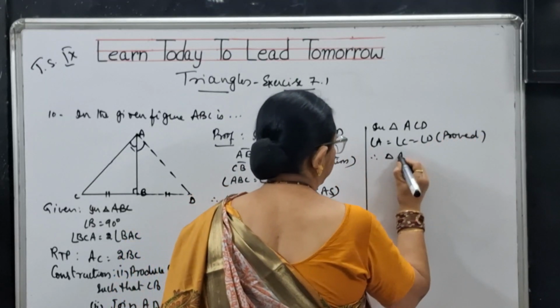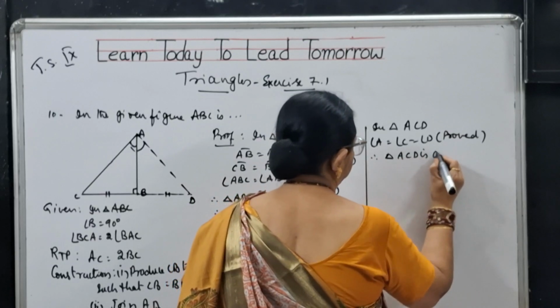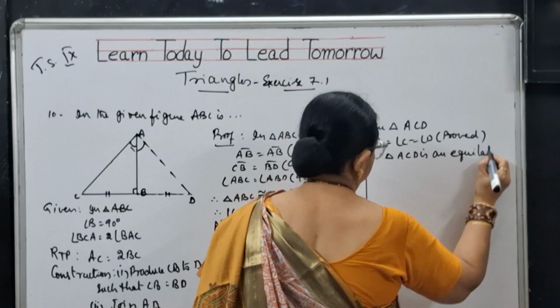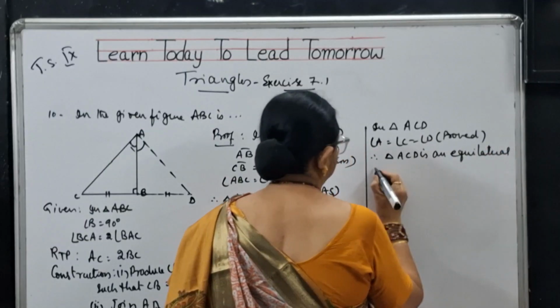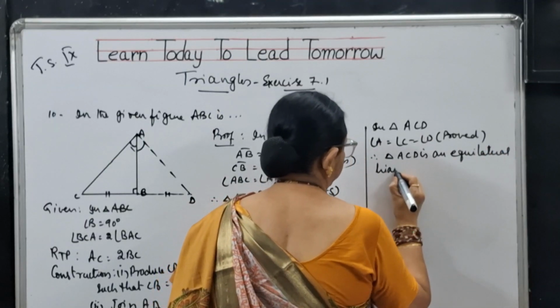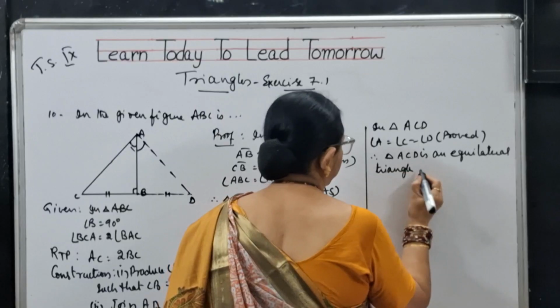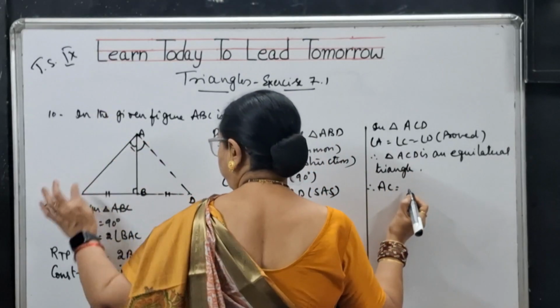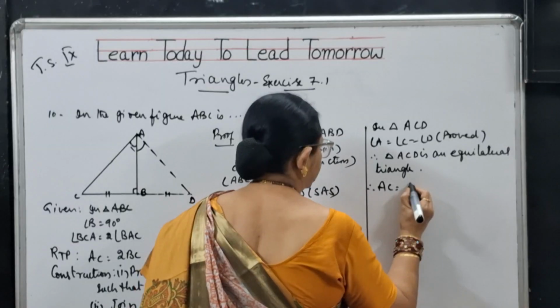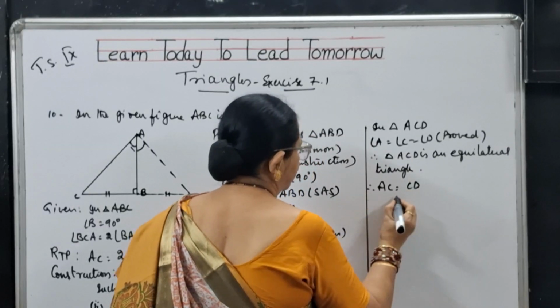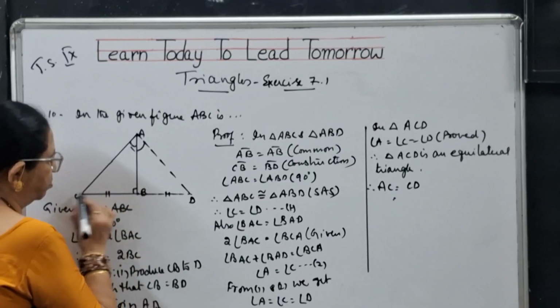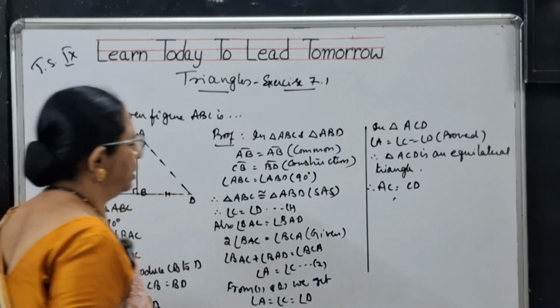Therefore, triangle ACD is an equilateral triangle. If it is an equilateral triangle, we can say that AC is equal to CD. That means, what is this CD? CD is nothing but BC plus BD.